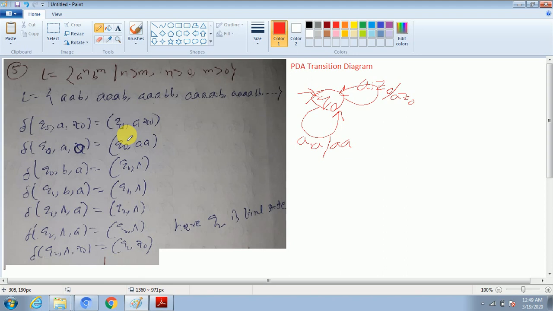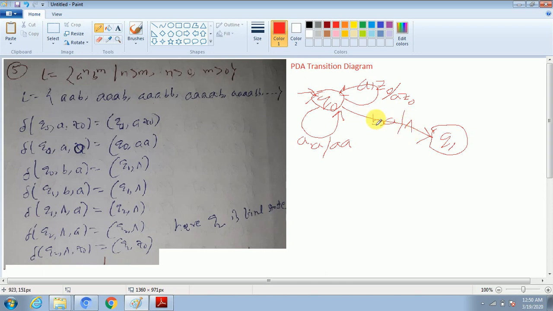Coming to the third function, Q0, coming input is B and top is A, and it goes to Q1 and both are ignored. So Q0 goes to Q1 with applied input B and top A, but both get ignored.